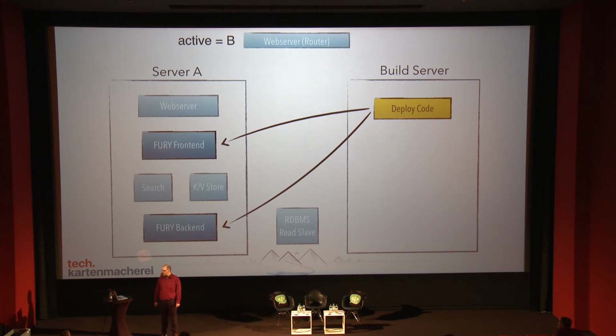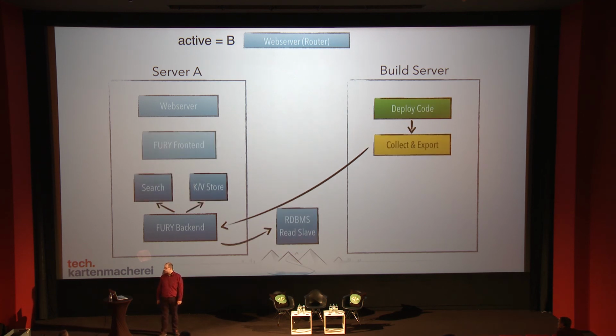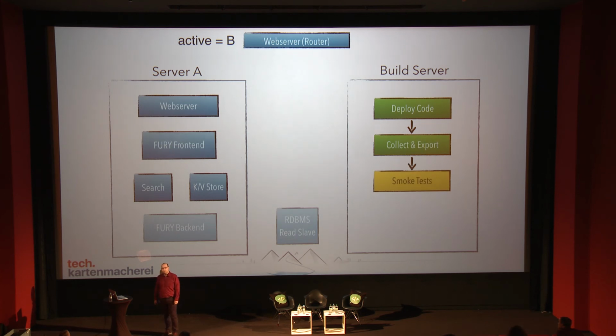The build process looks like this: first, we deploy the code to the machine. Then we run the collect and export as before. As the next step, our smoke test comes into the game. The smoke test is not testing directly against this box.